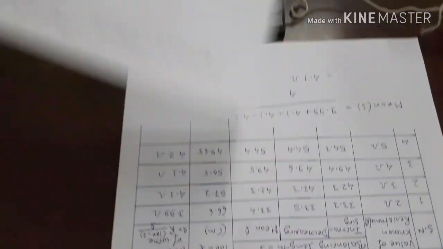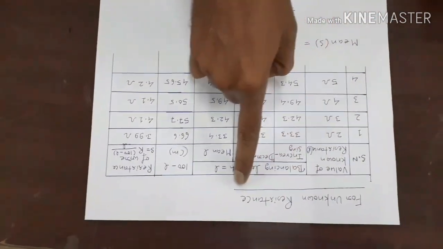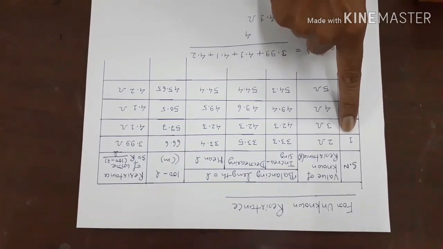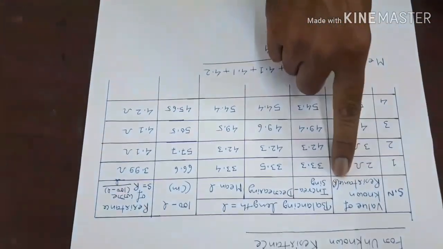Now you can write the readings. I have arranged an unknown resistance. For serial number 1, I have taken a resistance of 2 ohm from the resistance box, which is the value of the known resistance.